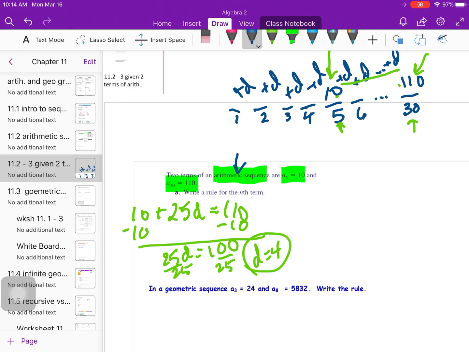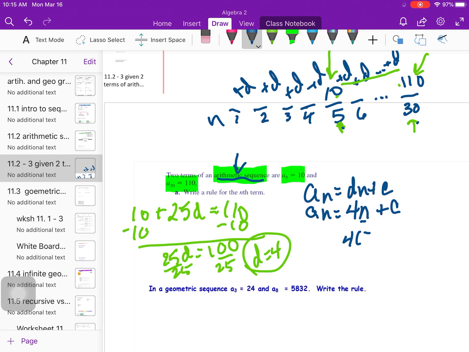Well, since it's arithmetic, I know a sub n equals dn plus c, which means a sub n equals 4n plus c. In my n spot, I can put in a 5 or a 30. I'm going to choose to put a 5. So 4 times 5 plus c will equal my fifth term, which is 10.